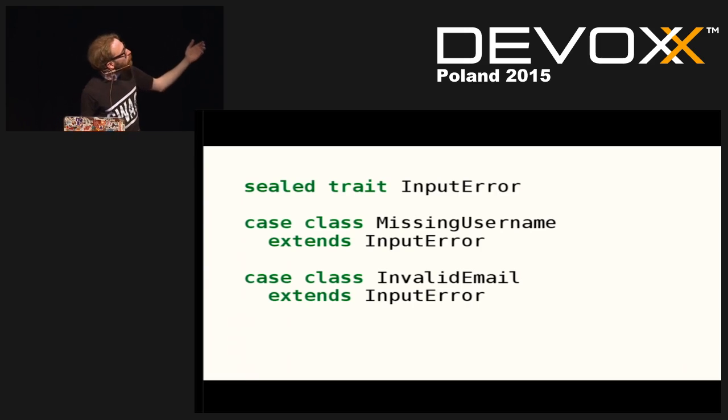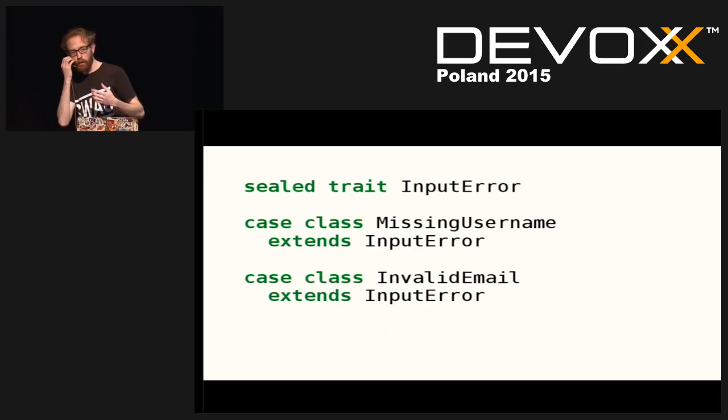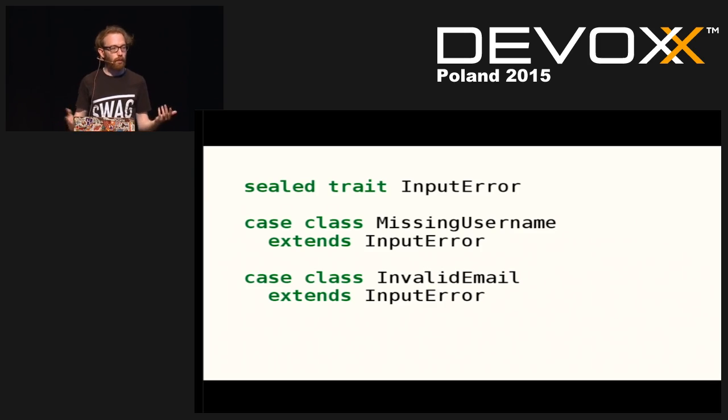For instance, I know that the code that produces the error gives either missing username or invalid email. I know that if I handle these two errors, then it's OK. So it's very interesting to keep structural information about which errors can happen. If you use exceptions and checked exceptions, then anything can happen and you lose that information.